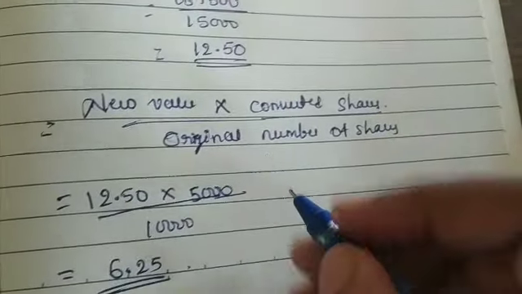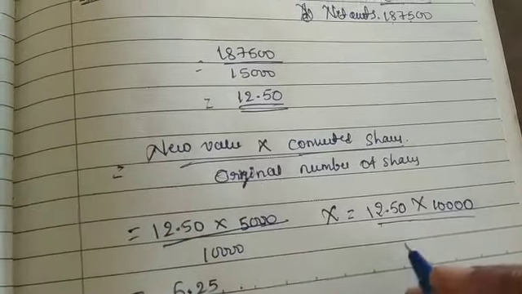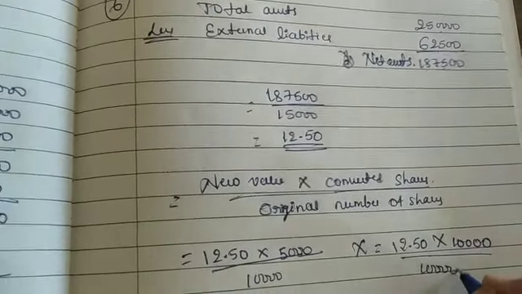I will do it here for both shares. For X type, the new value: 12.50 into the converted shares, how many X type shares we converted, that is 10,000, divided by the original number of shares, which is 10,000.